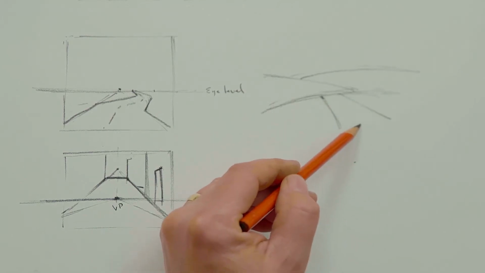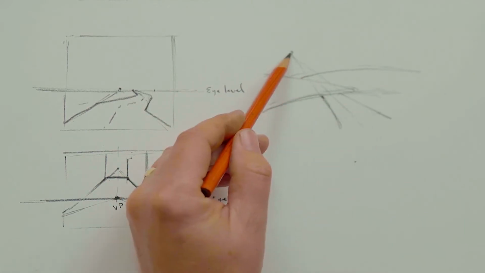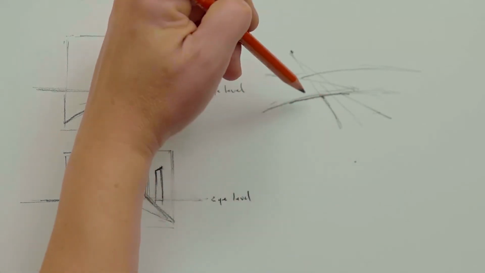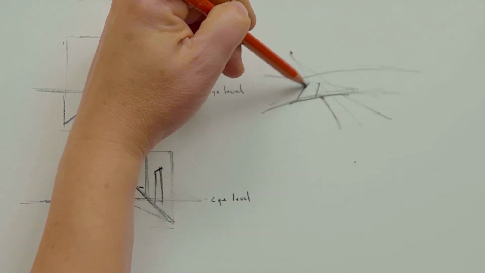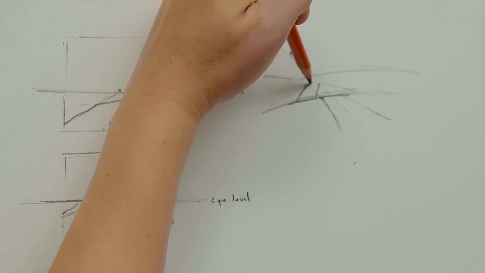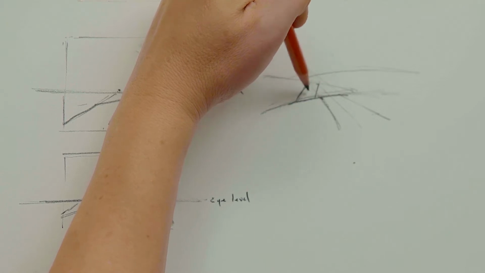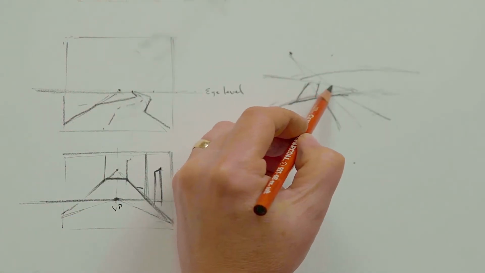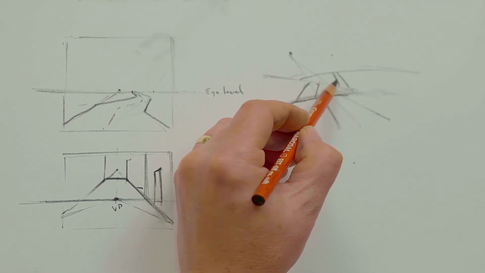So this will have a vanishing point that's higher that it goes to up in here, even though that road will end at this part of the hill, and then we'll pick it up maybe down over here. And the same thing will happen. It'll have a vanishing point that's up here somewhere, depending on what kind of plane we're dealing with, and then it'll vanish on the other side of the hill, and then we'll pick it up again here.